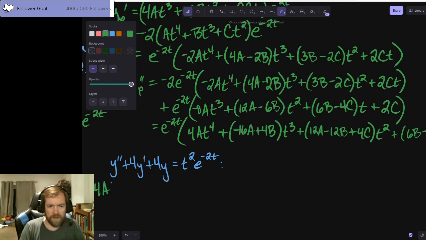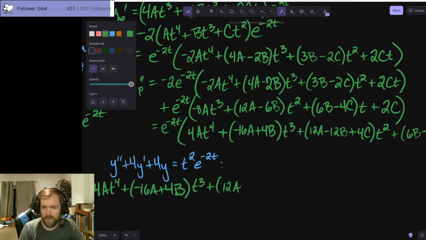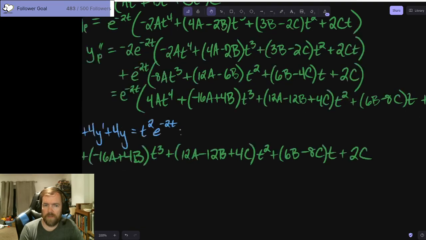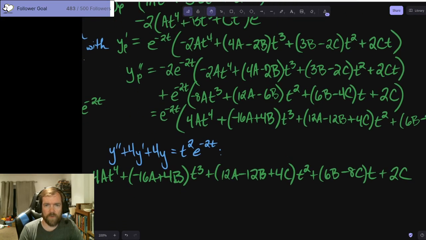This is 4 a t to the fourth plus (negative 16a plus 4b) t cubed plus (12a minus 12b plus 4c) t squared plus (6b minus 8c) times t plus 2c plus 4 times y prime.